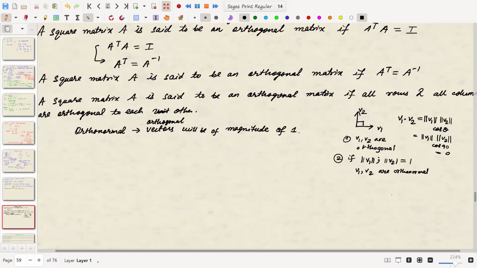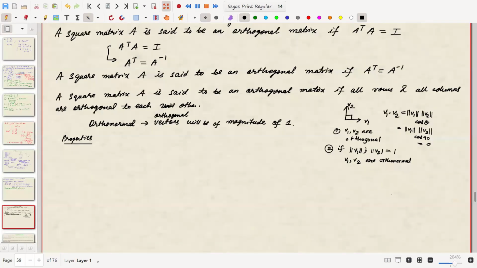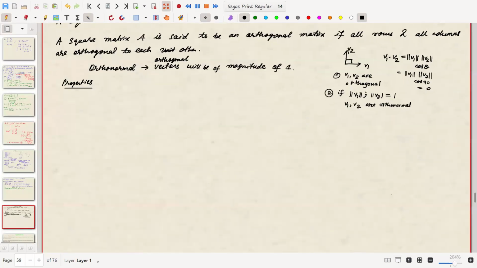Anyway, I'll tell you one of the properties. So for an orthogonal matrix A, you have these properties. You can use them as test cases.